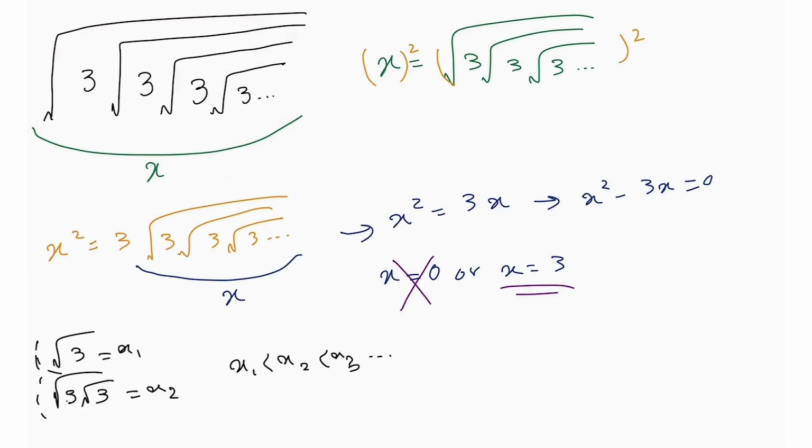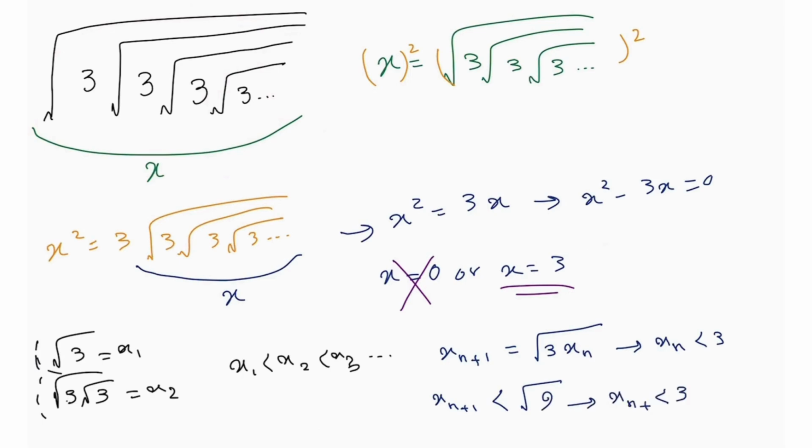So if xn plus 1 is equal to square root of 3 times xn, and if xn is less than 3, then that means xn plus 1 is less than square root of 9, which is 3.